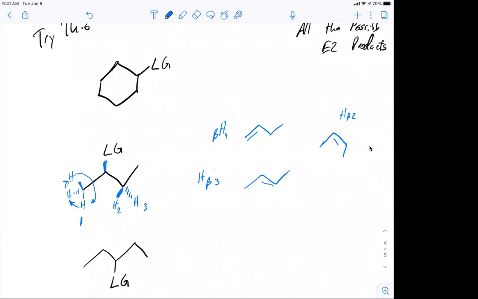So what I want you to identify here is how many possible products do you think these are going to have? So let's take a couple of minutes, take a look at the first one and the last one, and see if you can determine how many products we could have.